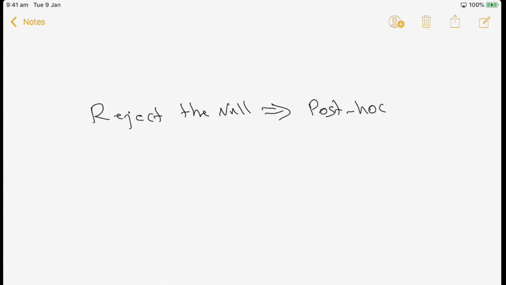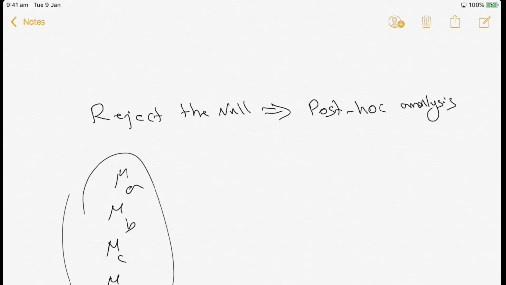When we reject the null hypothesis, that means we need to do the post hoc analysis. Why? Because when we reject the null hypothesis, we say that there is a difference between the means of these groups, A, B, C. We want to figure out which means are different. That's why we do the post hoc analysis.